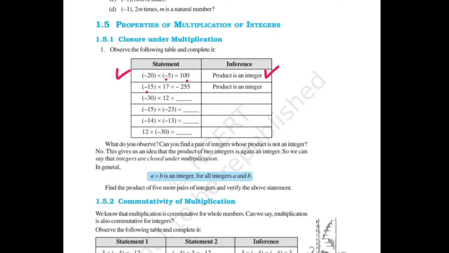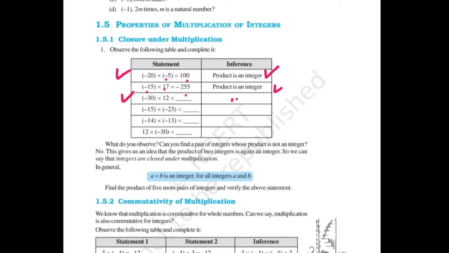The second, minus 15 multiplied by 17, then the answer comes minus 255. So this product is also an integer. Same like that, minus 30 multiplied by 12, then the answer comes minus 360.